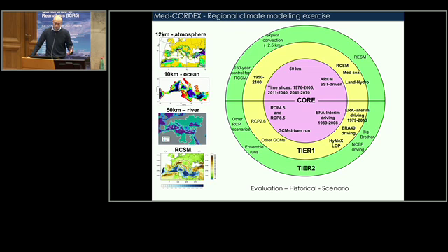So we are doing, of course, evaluation, historical, and scenario simulations. And for the evaluation, we are using, and we used in the past, the ERA40 and the ERA-Interim climatological reanalysis data to force our coupled model.